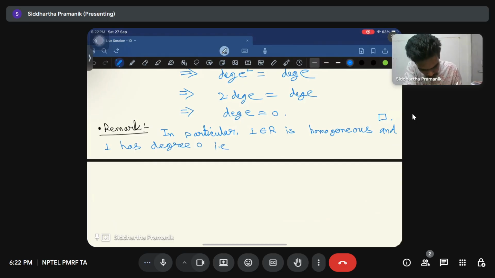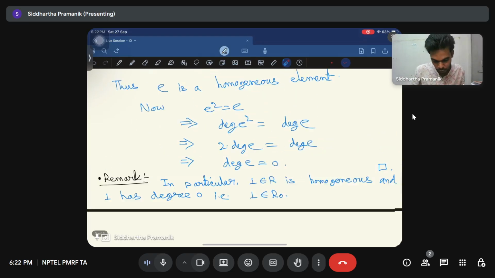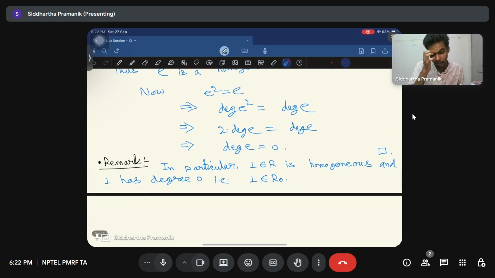That means 1 belongs to R0. This is because 1 is also idempotent. So 1 has to be homogeneous and it has to be of degree 0. So this is the conclusion of this previous problem. Just remember this, we will use this in the next problem.